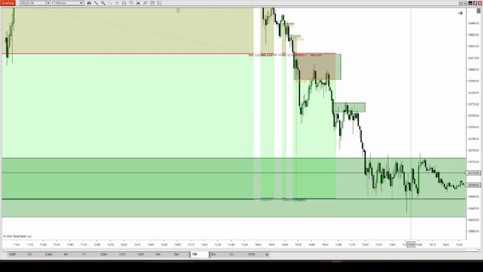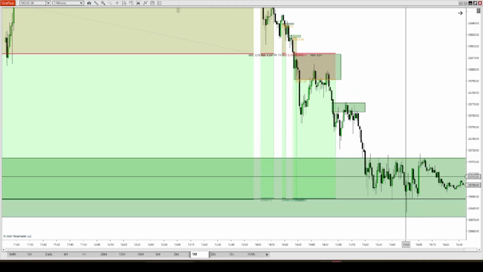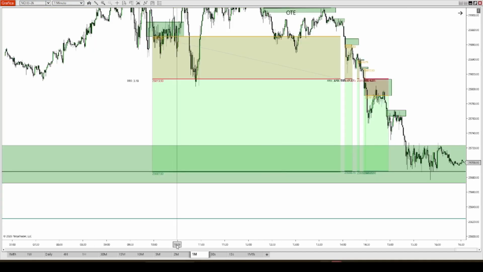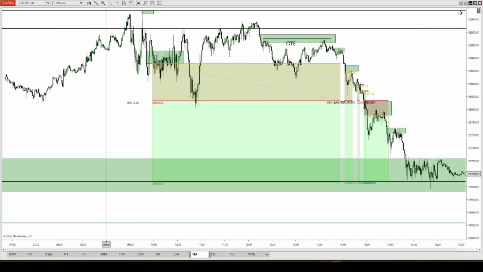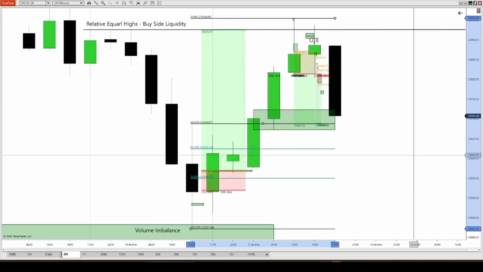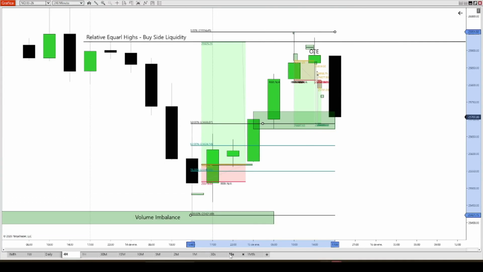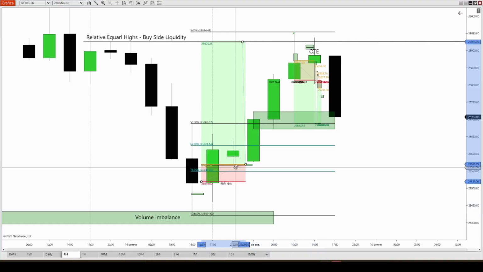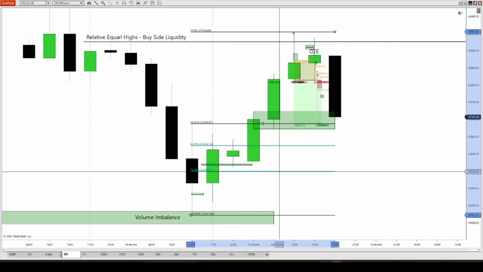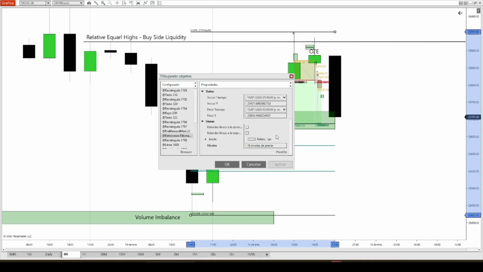So this was a very good trading session. The market offered a lot of opportunities, so this was a very good day. What was needed to profit from this market was to identify our levels.